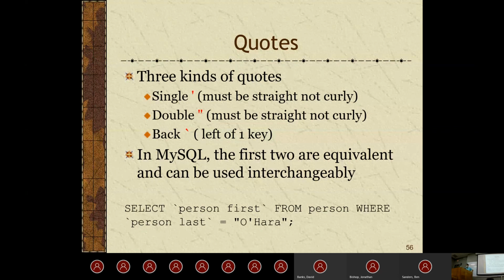I'd certainly recommend it. But then also you have the back tick. Basically what this is for is if you have a column name that is multiple words, so it has a space in there. So typically you just go ahead and use the back tick symbol, which is just going to be beside the 1 on your keyboard. So it's on the same key as the tilde.